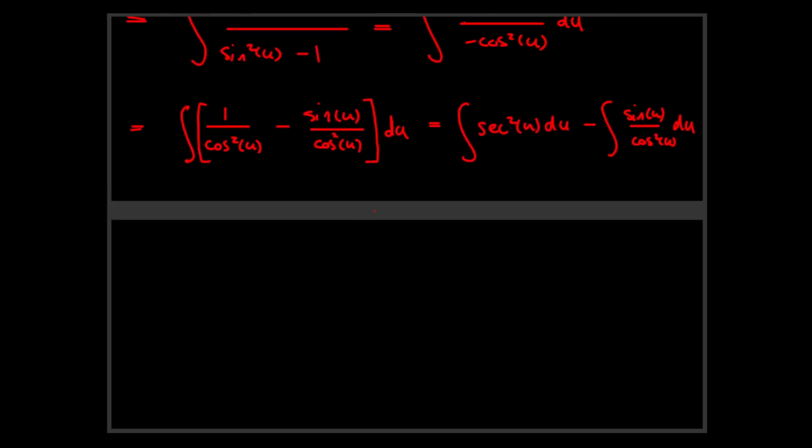The integral of sec squared is just going to be tan, so here we'll have tan of x plus y. And then the second integral, you can actually solve by letting u equal negative cos u, and then du is going to be just sine u times du, and so a u substitution like this will help you solve this integral.